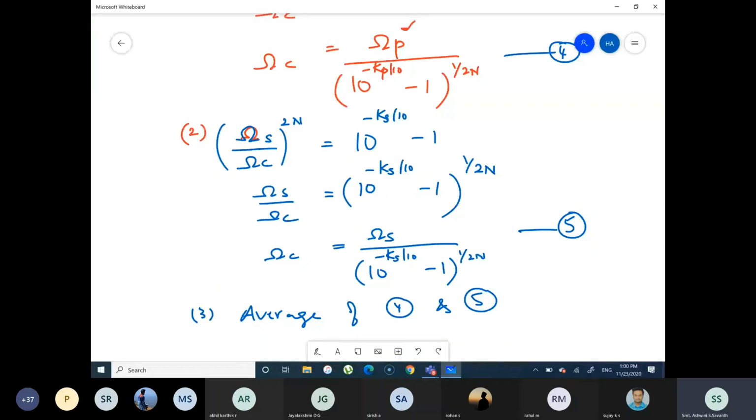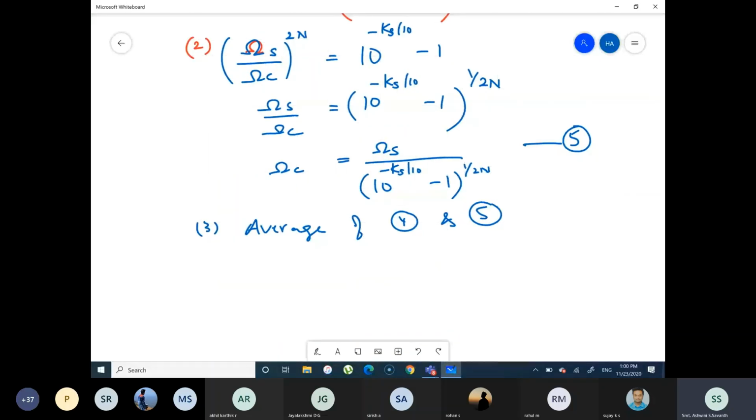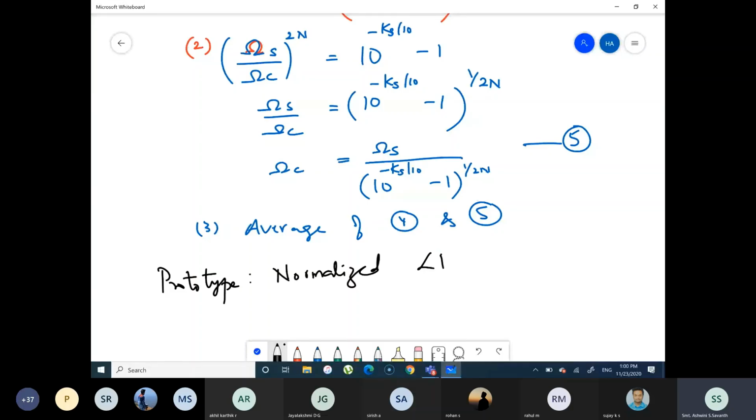I've told you this before, right? We have just learned how to design the prototype. What is the prototype in this case? The normalized analog low pass filter.